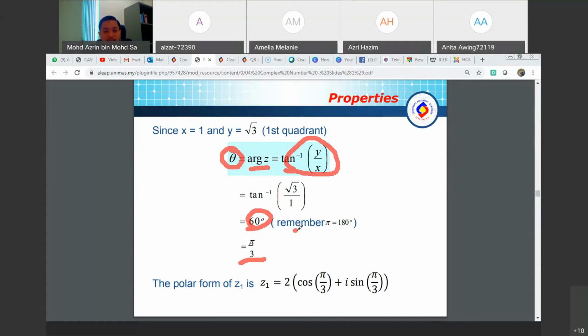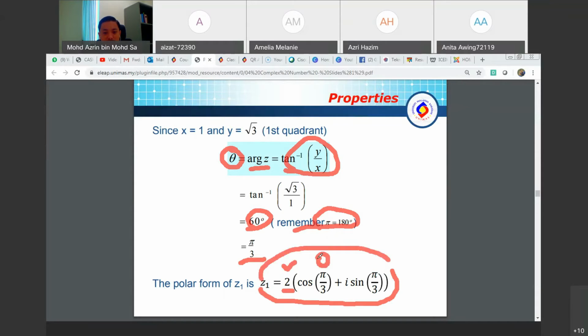Remember this pi is equal to 180 degree. So the polar form for Z1, this is just the first one: this is the value of R, this is theta.